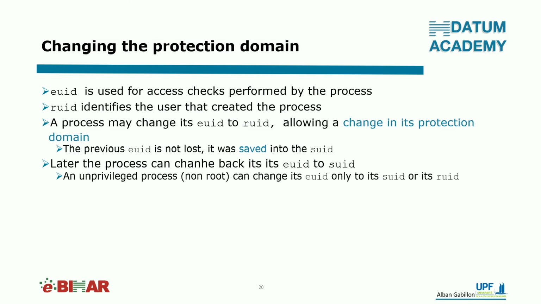So you will understand with examples. At that point you must remember that real UID and saved UID are there to allow a change in the process protection domain. And the same reasoning can be applied to effective GID, real GID, and saved GID.